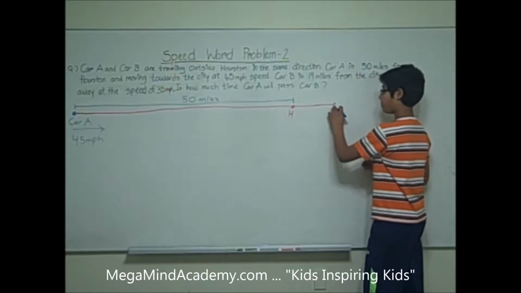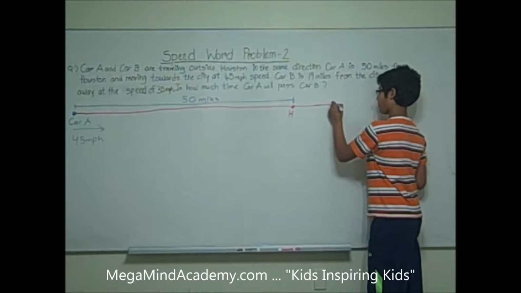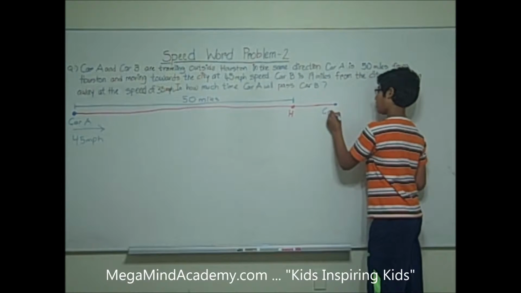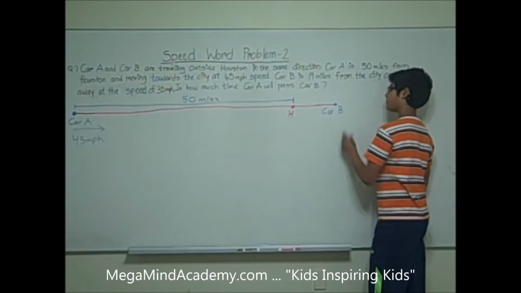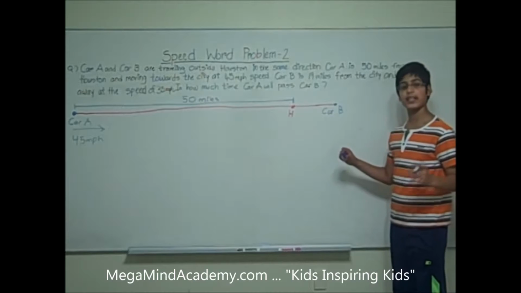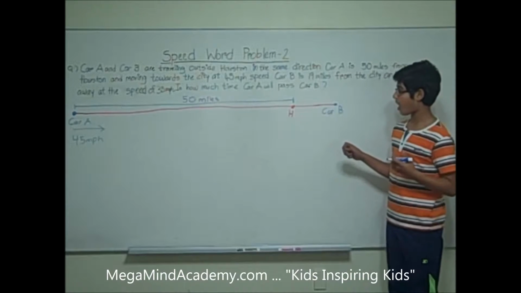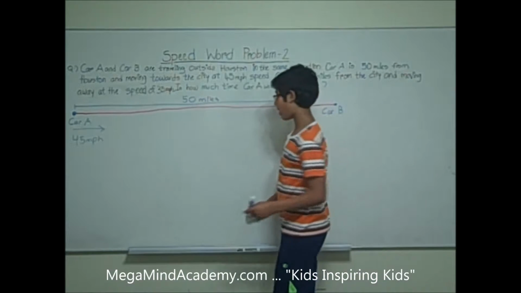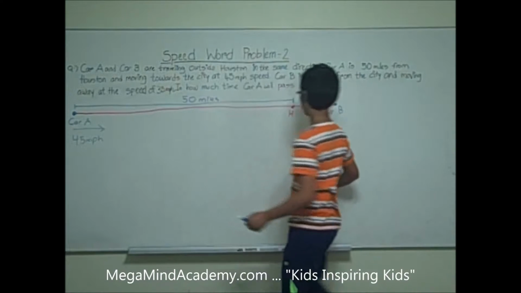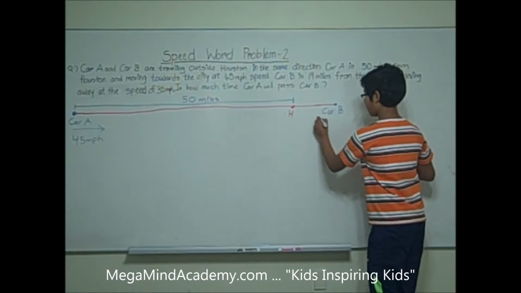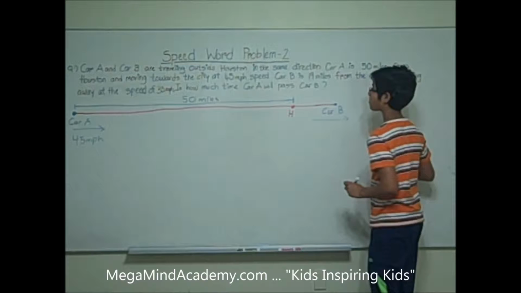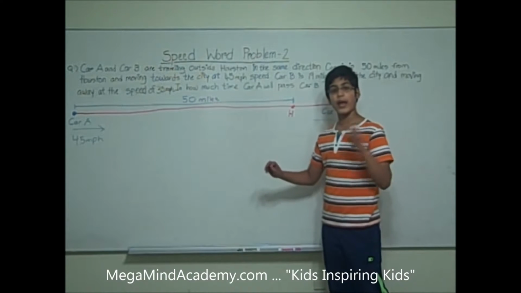So car B is right here. Car B is traveling in the same direction as car A. Car A is traveling this way. So car B is also traveling this way and is going away from the city.